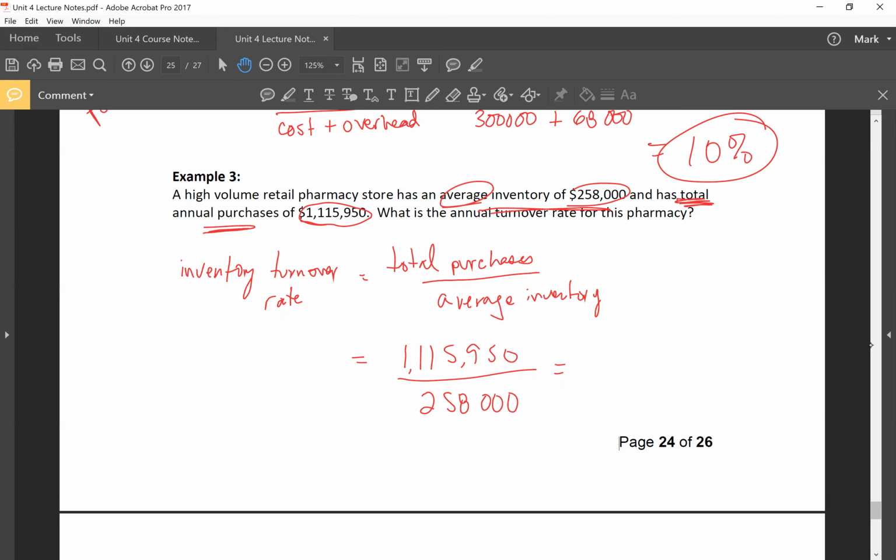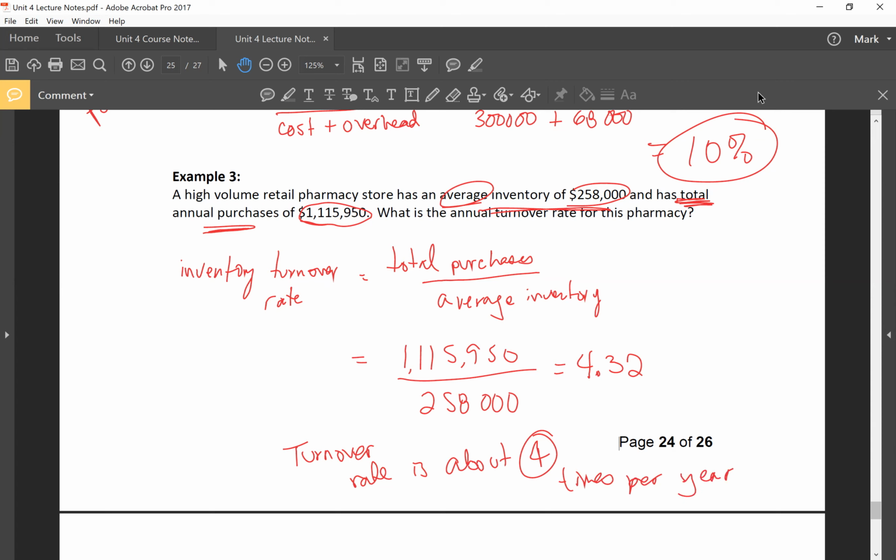Okay, now let me explain this. When I divide this on my calculator, let me check the chat here, see what you guys are saying. Okay, this saves me time. So Kalsum is saying 4.32. So what you would say is the turnover rate is about 4 times per year.